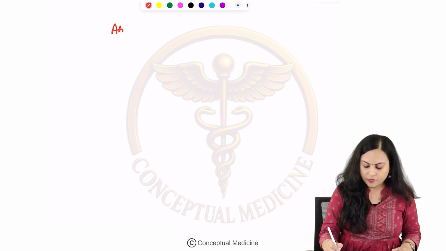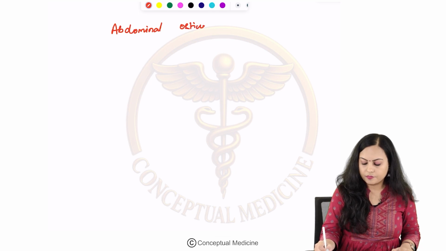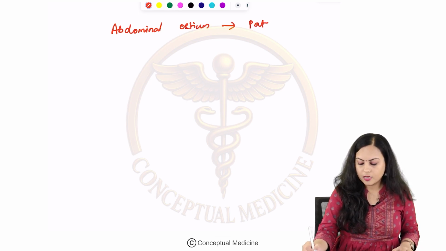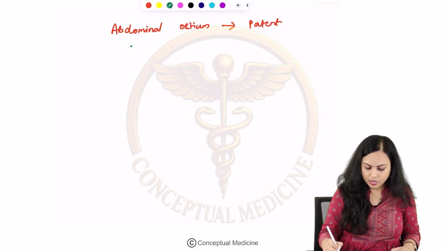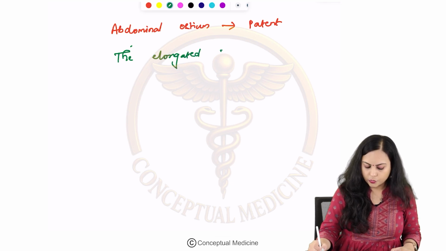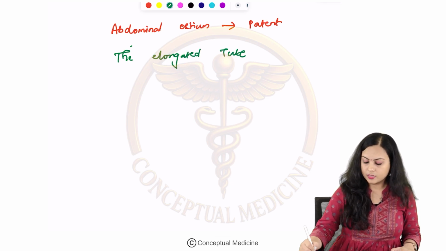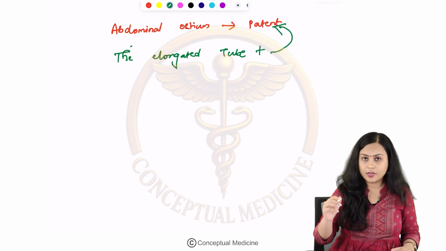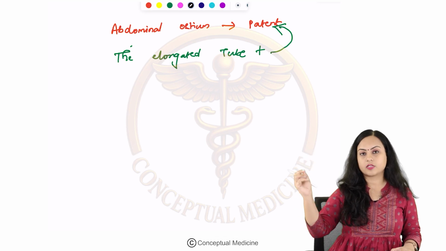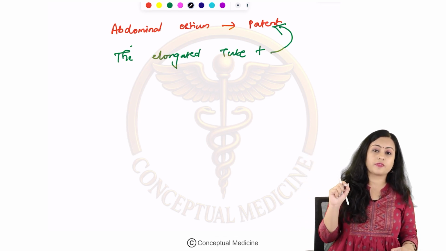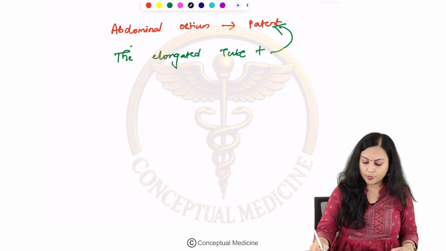Clear? However, abdominal ostium is going to be patent in case of tuberculosis. The elongated tube with this patent abdominal ostium, okay, so just like this. The tube is going to distend and the ostium is going to open, and this is going to give an appearance of tobacco pouch.